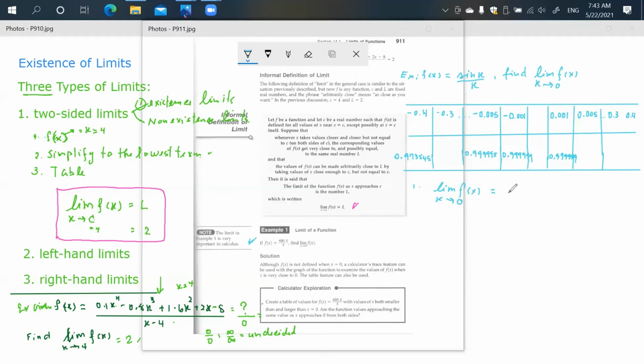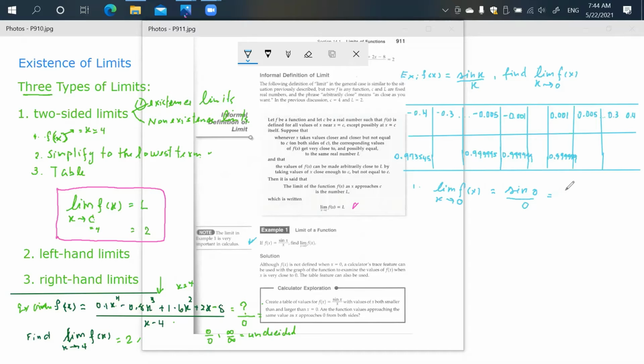So once you replace x, the limit writing is gone. So this one becomes sine x over x. When you replace x with 0, you get sine 0 over 0.